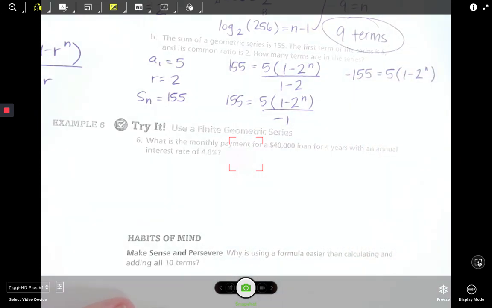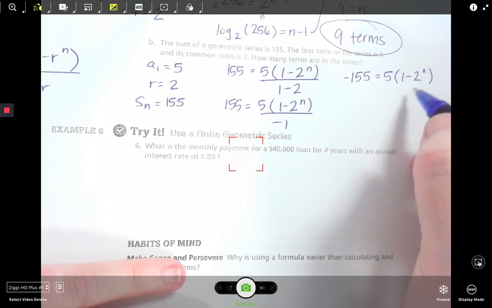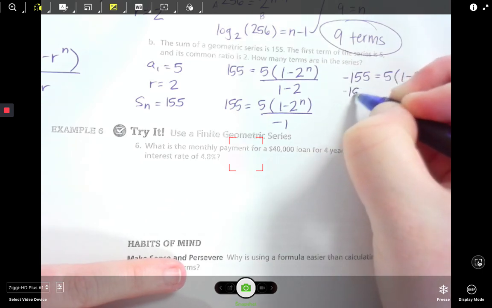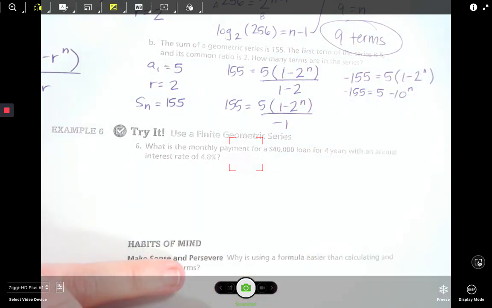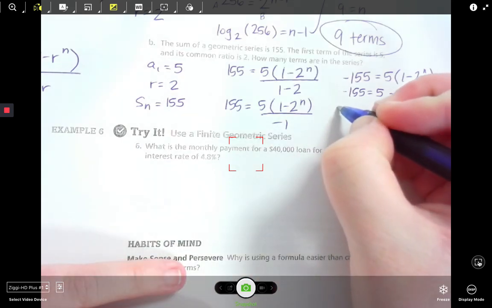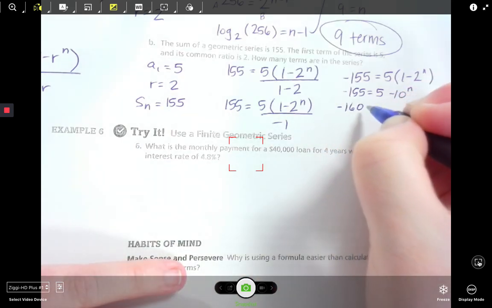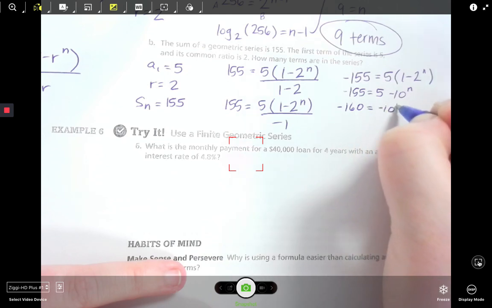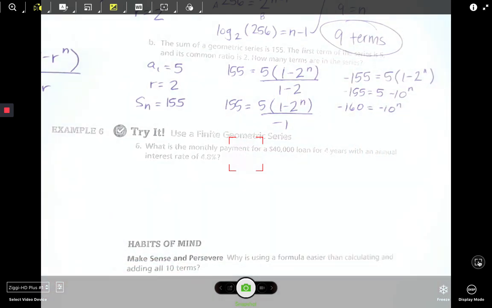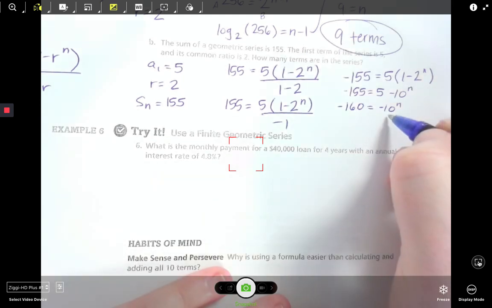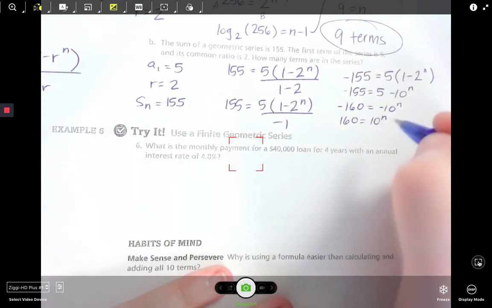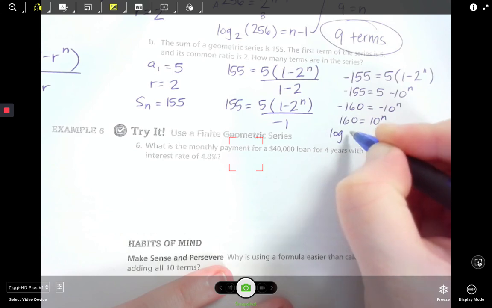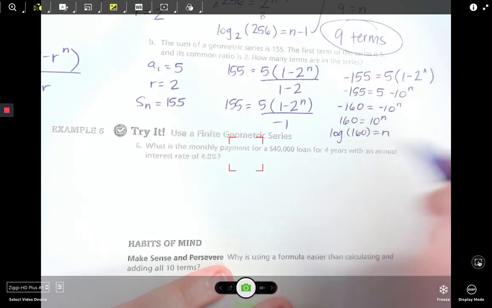Actually, most of your instincts are going to be to distribute. You can distribute here. So negative 155 is equal to 5 minus 10 to the n power. That gives me negative 160 is equal to negative 10 to the n. Divide both sides by negative 1, and I get 160 is equal to 10 raised to the n power. I rewrite it as log of 160 is equal to n, or you could do log base 10, but it's the same thing.